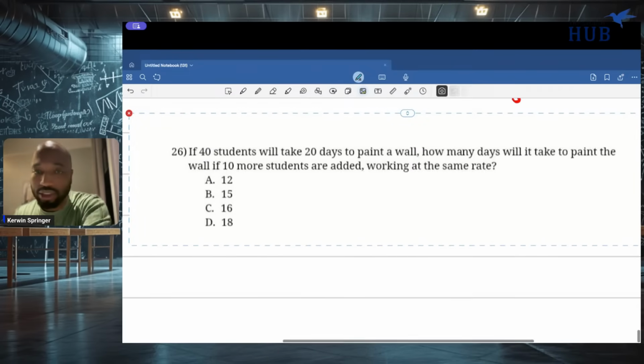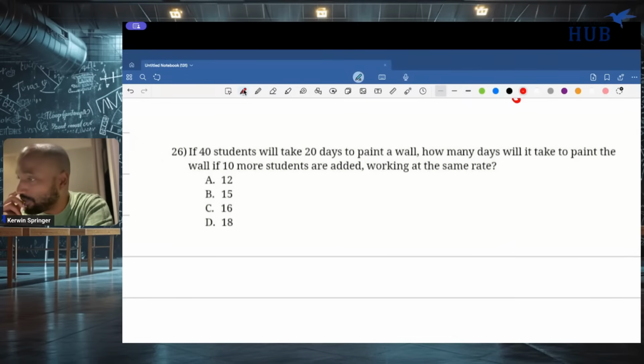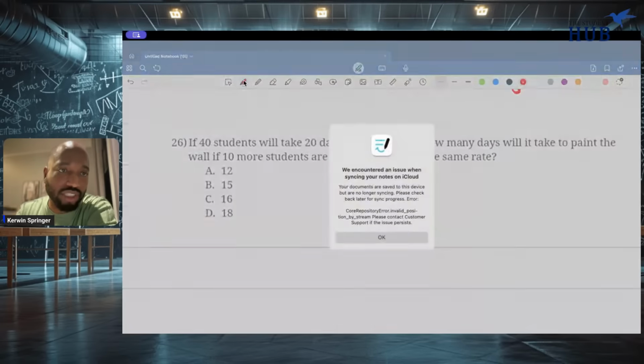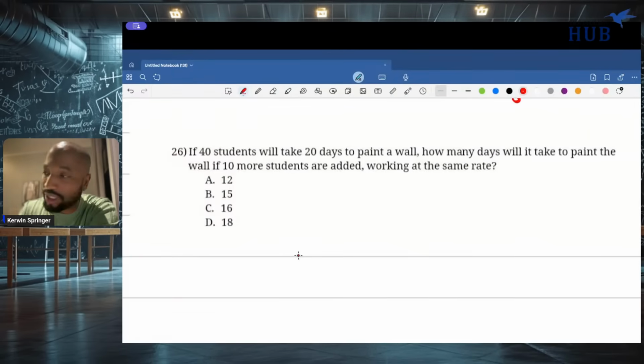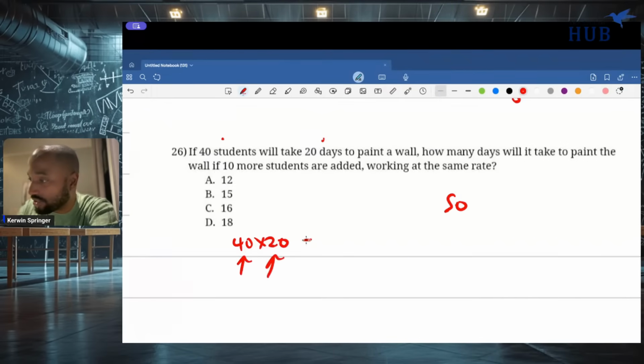If 40 students take 20 days, 10 more students would mean 50 students. We did this one already, Gina. I show you how to do it in a primary school way and in the secondary school way. I pick the primary school method for now. So 40 students take 20 days. 40 by 20 is 800 student days.